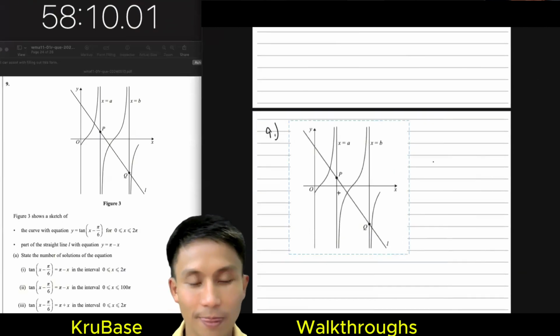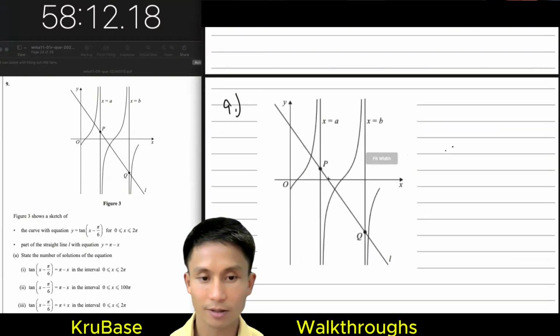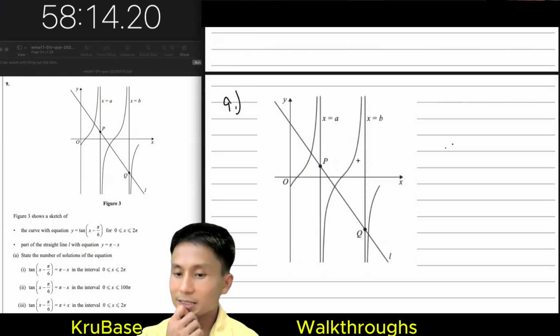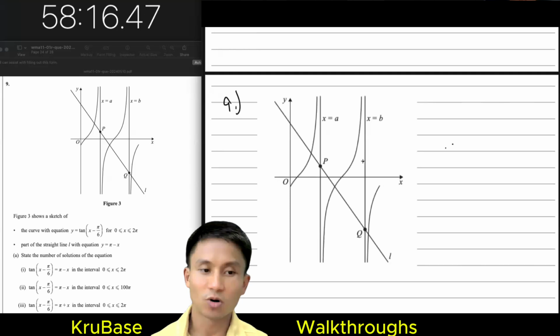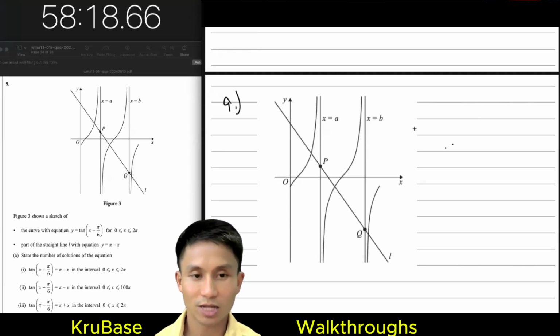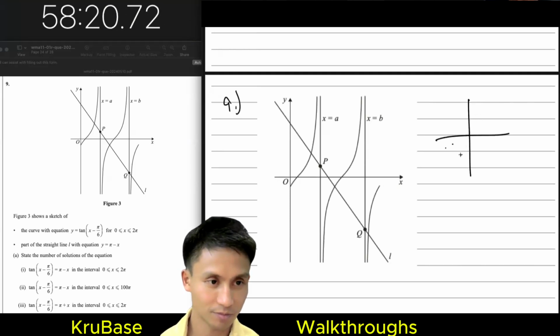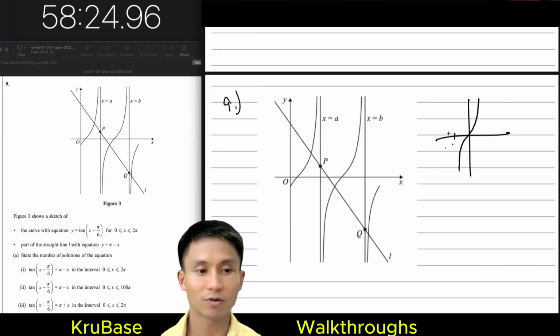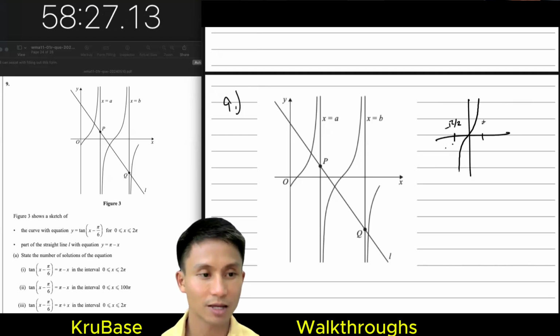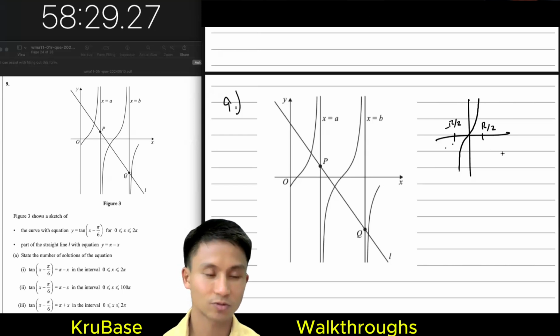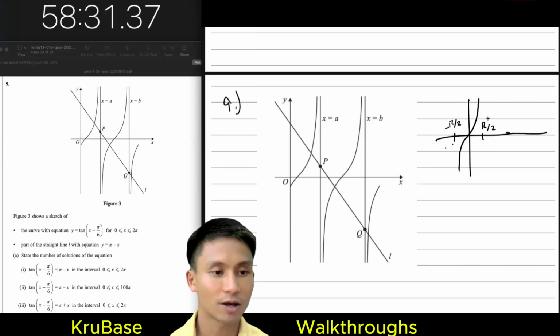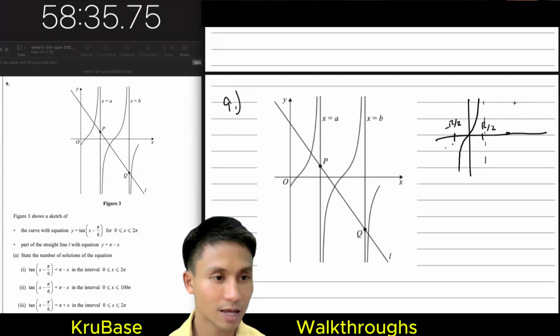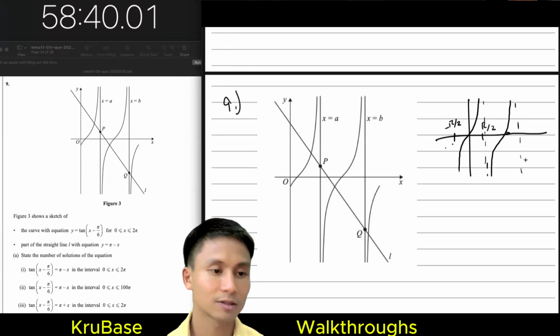Okay, so because this is a transformation of the normal tan, if you think about the normal tan, you have the middle part here being from minus pi over 2 to pi over 2, yeah? And then you have another period of the tan like that.